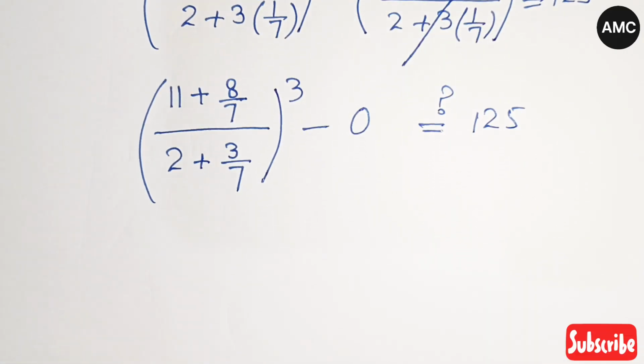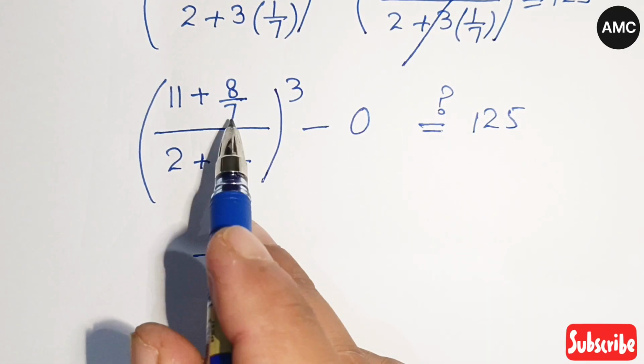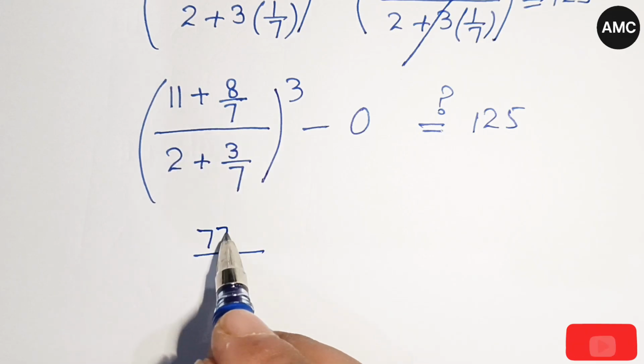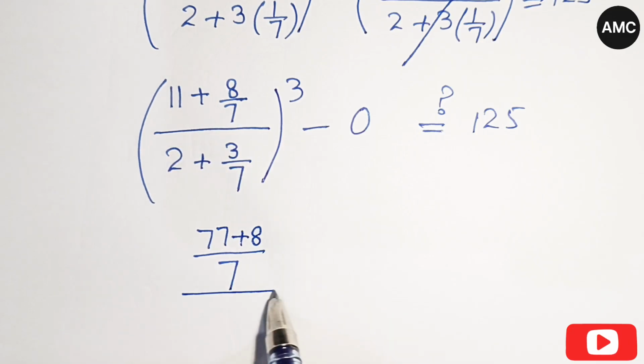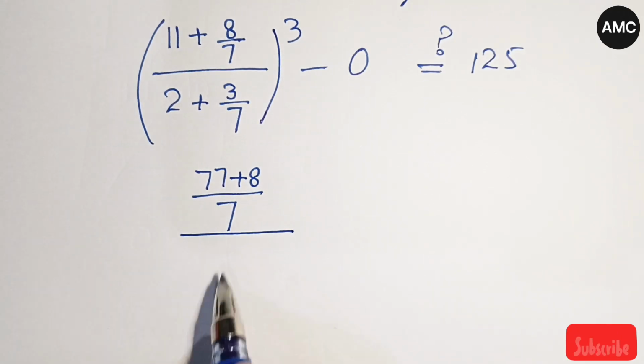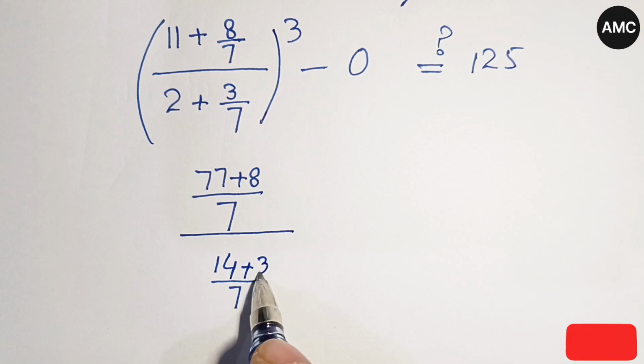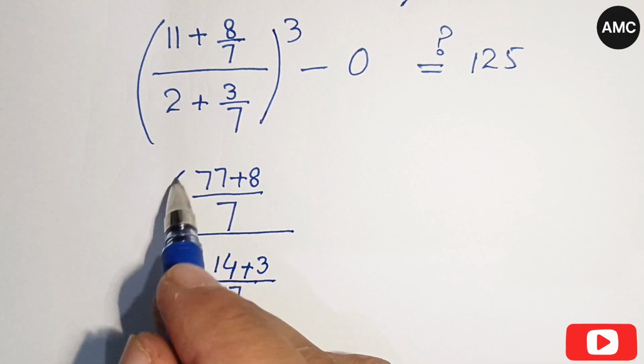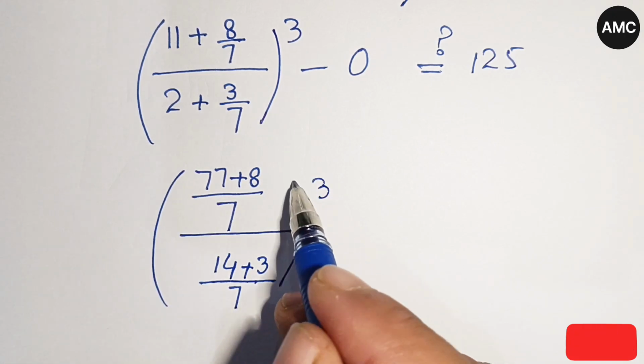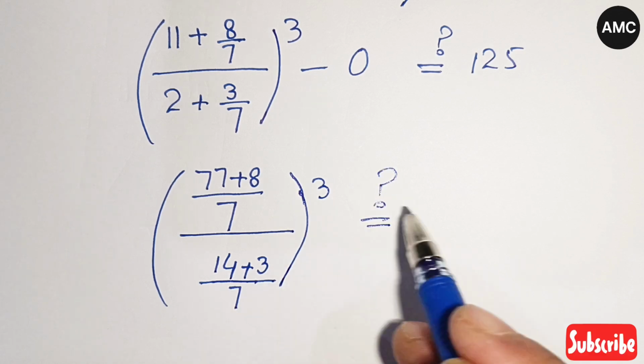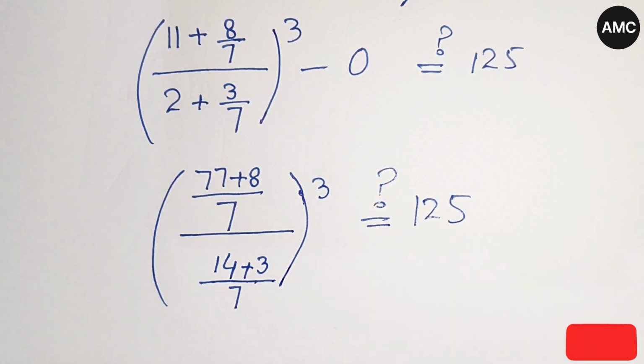Now our next step is taking 7 as common multiple. So 77 plus 8 all over, here we get 7 as least common multiple, we get 14 plus 3, that is whole cubed. Is it equal to 125?